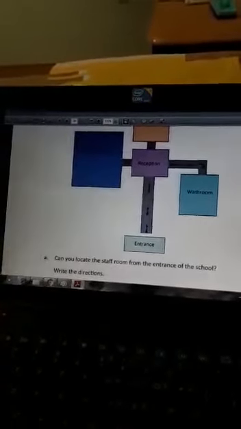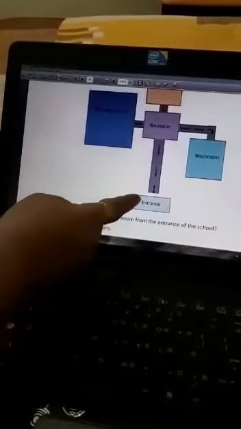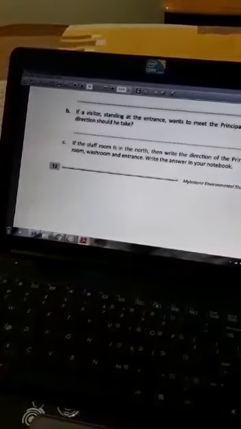So when he goes from here, he will go to the left, and always remember that your left is the left of the picture, your right is the right of the picture. Okay, so if your left is coming over here, the principal's room is on the left. So you will write that the visitor has to take the left turn to meet the principal.